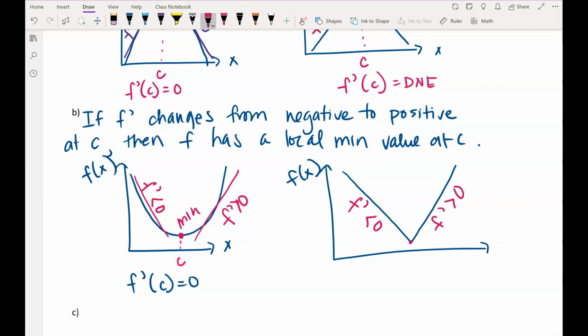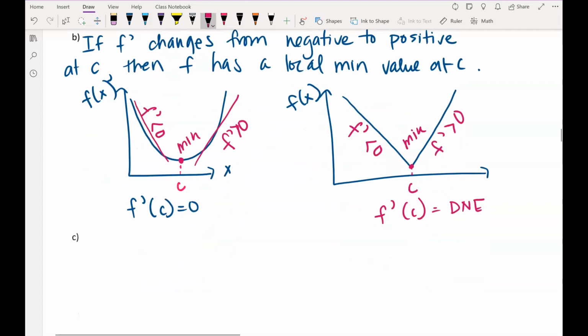So this is a minimum right here, and we just call it at a value of C. So f prime of C here, students, does not exist, okay? So just like earlier, the critical point can be that the derivative doesn't have to exist, okay? It can be 0 or does not exist.